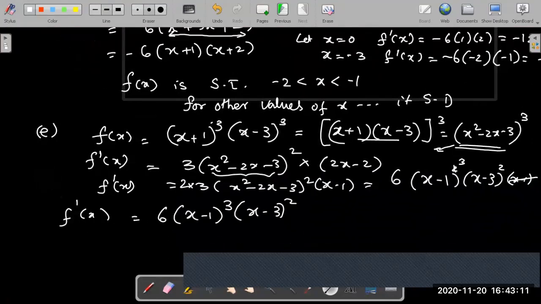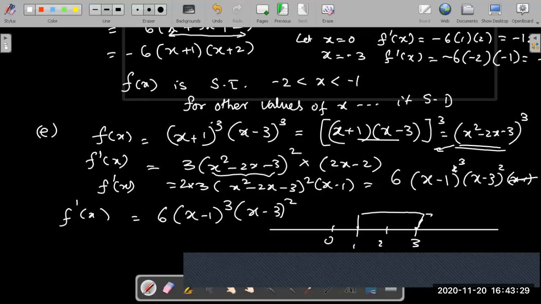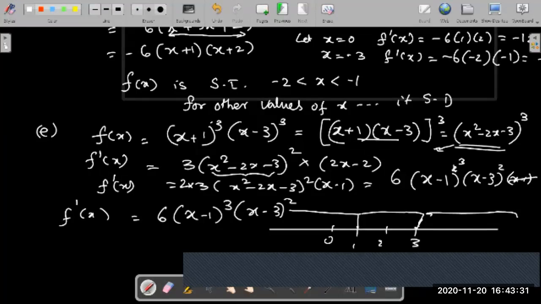So draw the number line again. The two values are 1 and 3. So I'll put 0, 1, 2 and 3. I have to see, this is the border, 1 and 3. So you have some region, another region, and another region. Three regions are there. So let x be less than 1.